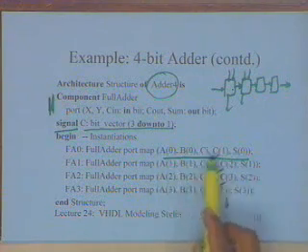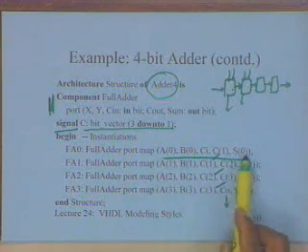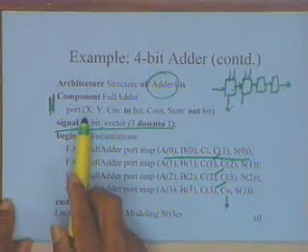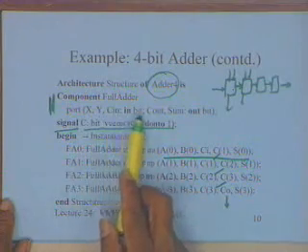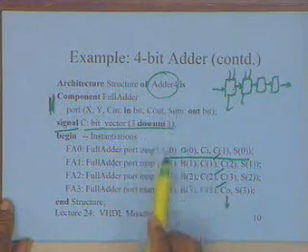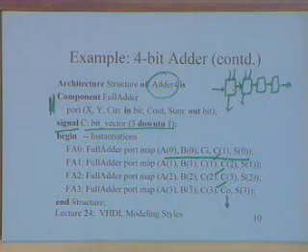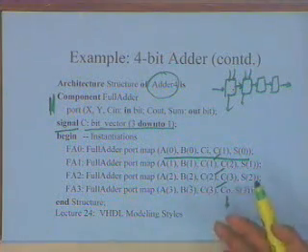And these port mappings, the associations, are in this case by position. You have declared this component with first input, second input, third input, fourth output, fifth output, and this association is by position. There is also a mechanism by which you can make the association by names.